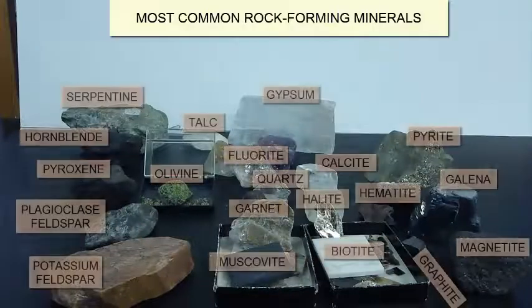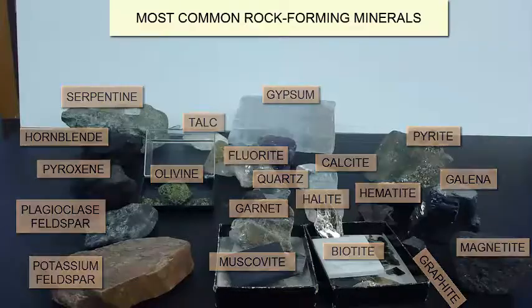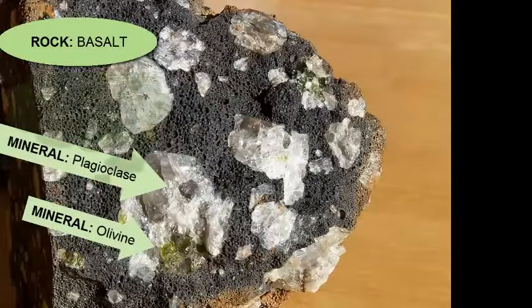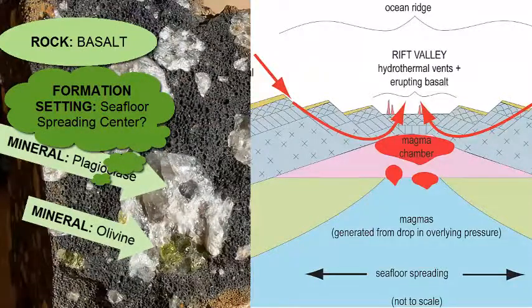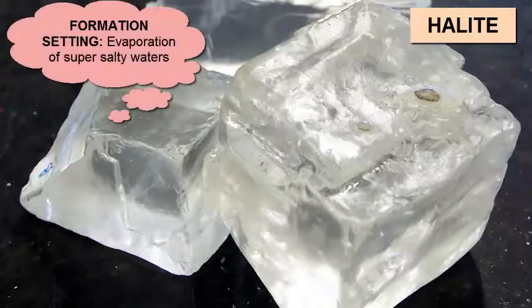The goal of mineral identification is to recognize these minerals again later in rocks, and based on that recognition to describe something about the formation history and geologic setting of the rock. In our future videos on identifying rocks, you will learn more about what each mineral tells us, what clues they hold. For example, halite forms only when salty waters evaporate.